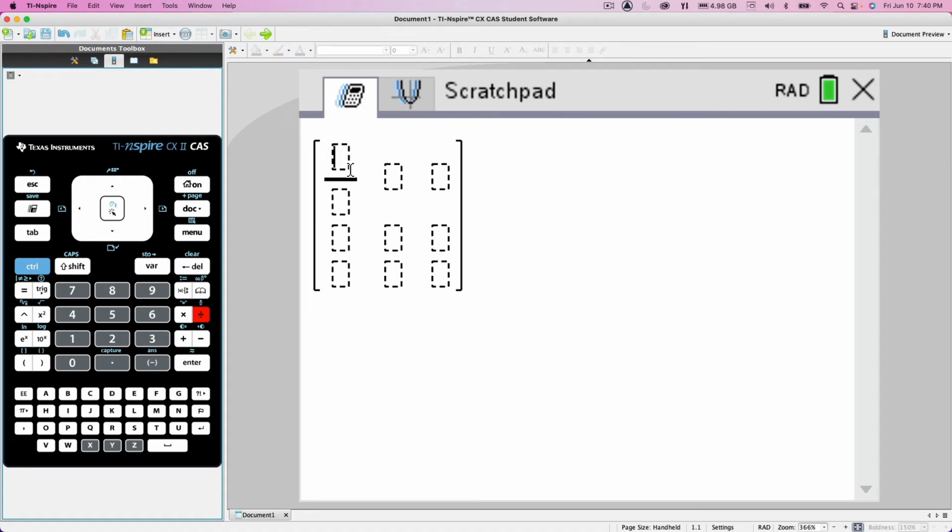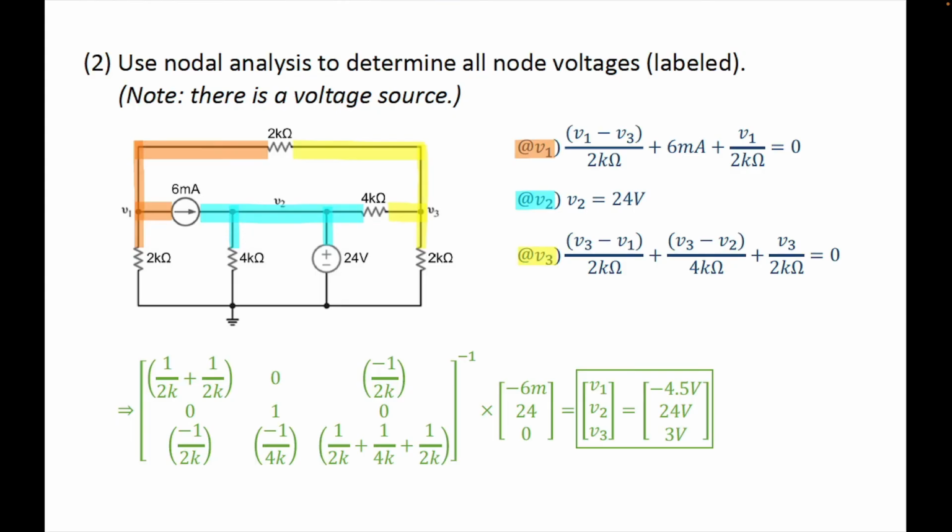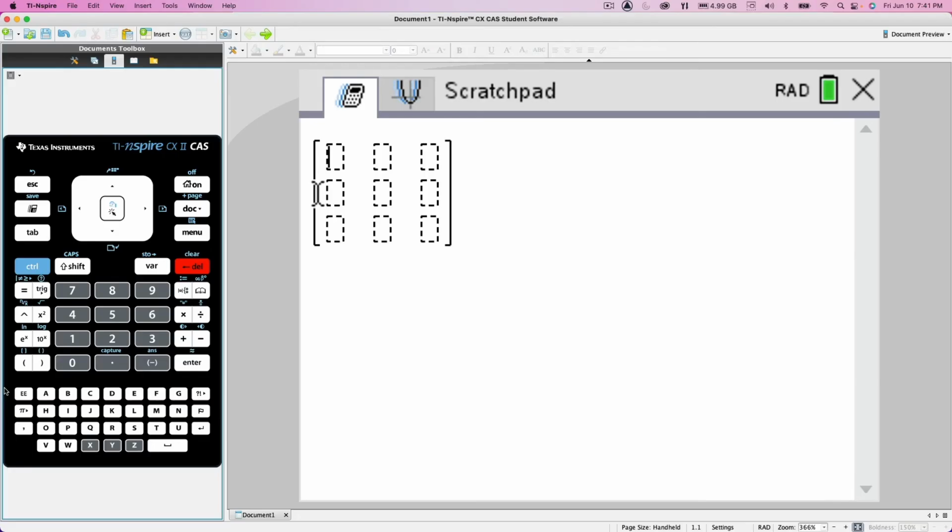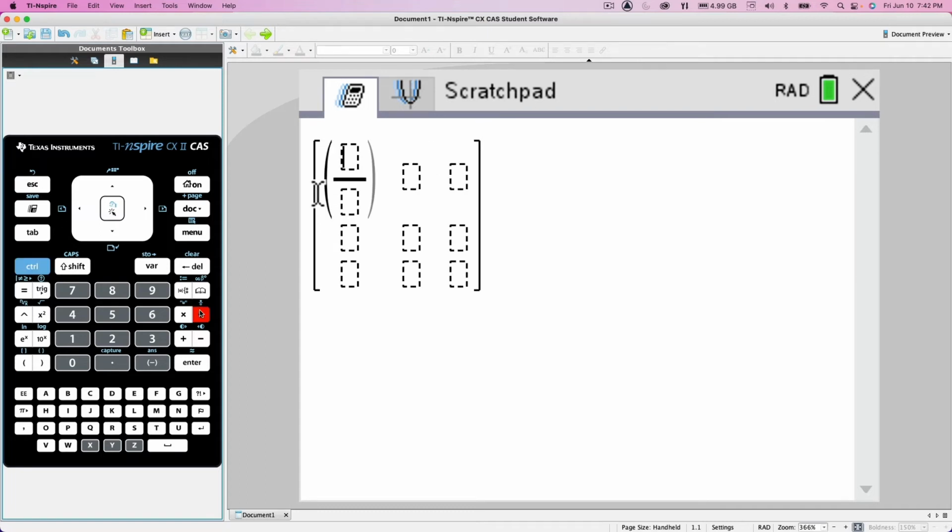Now, for this particular problem, we have 1 over 2k plus 1 over 2k in an entire cell. Just to keep things straight and make sure your problem works out nice and clean, I strongly suggest doing it this way. Come over to your parentheses. Now hit Control, Divide, and you'll see the little symbol for what we're doing right here, that little blue symbol right above the division sign.